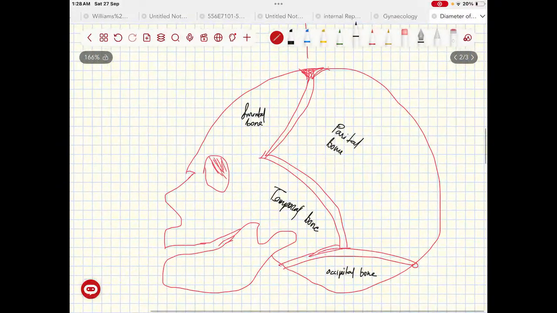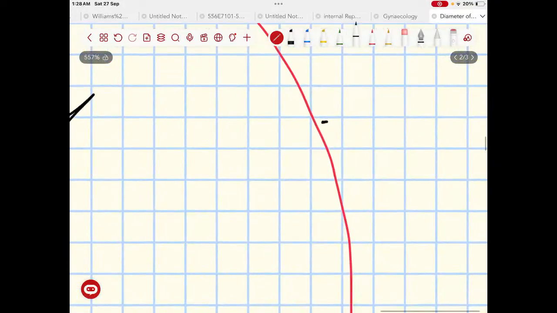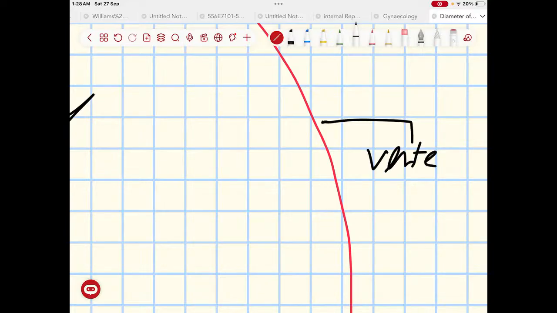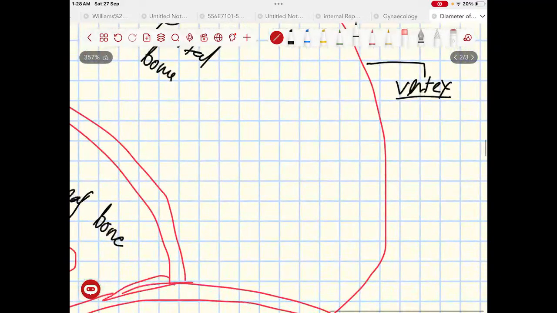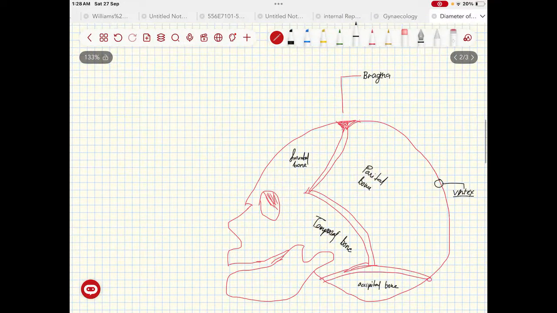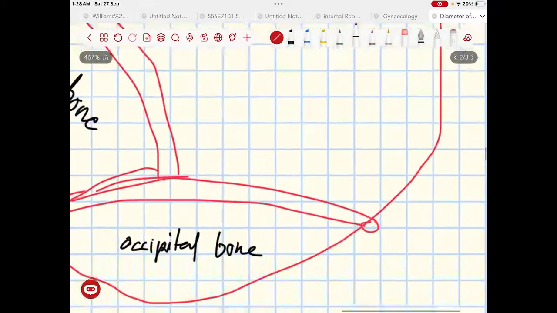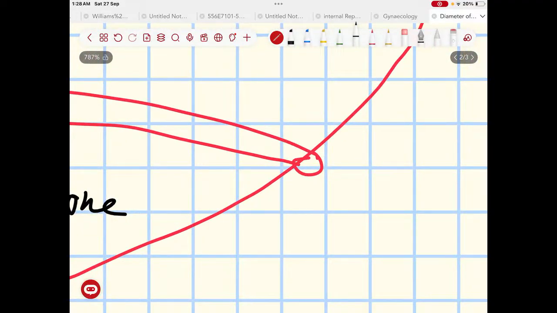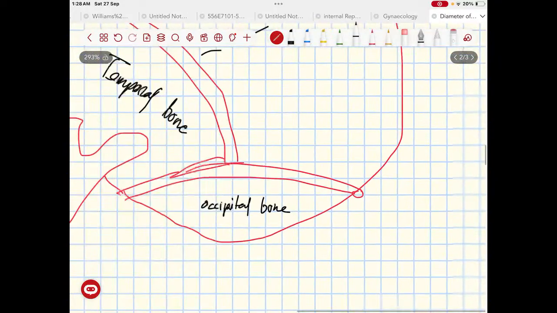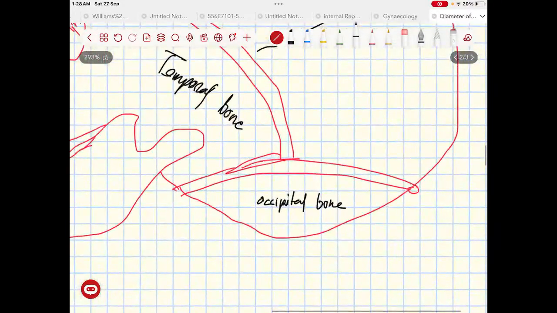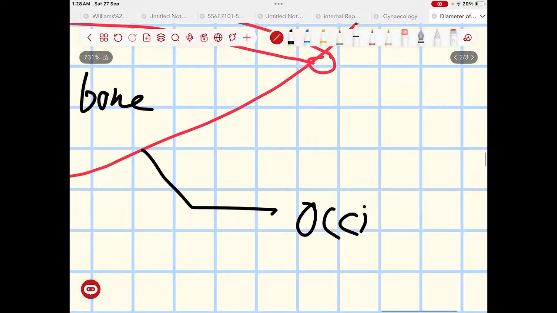In between both parietal bones, this portion is called the vertex. See, the midline of these two. Okay, vertex, and the last one is lambda. So occipital bone, occiput.